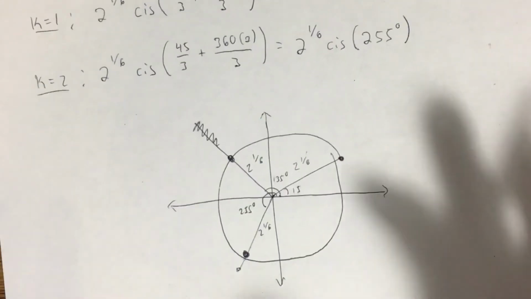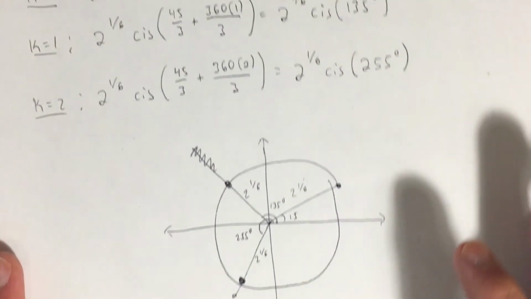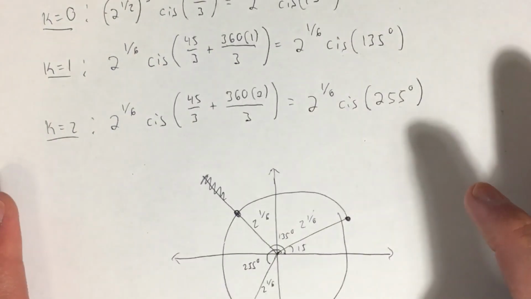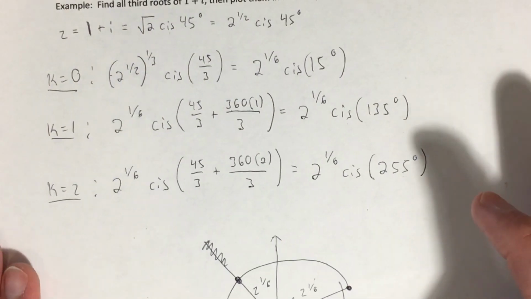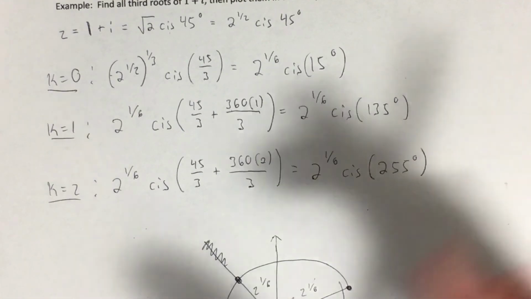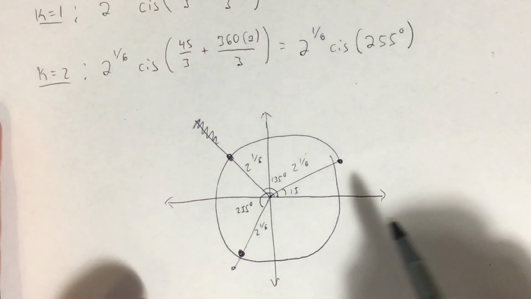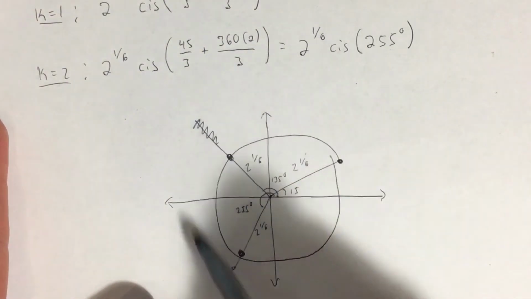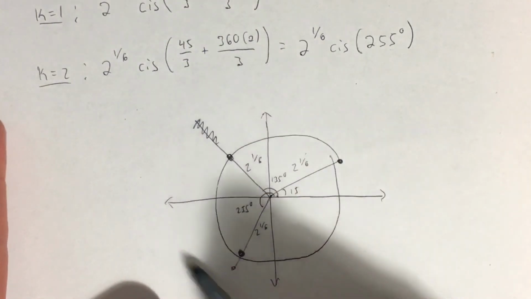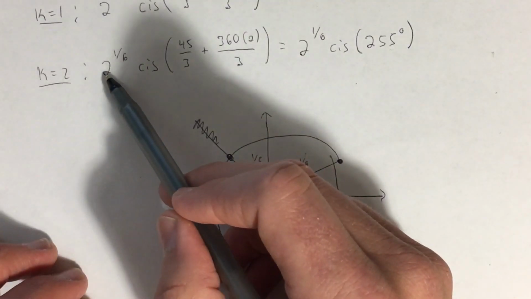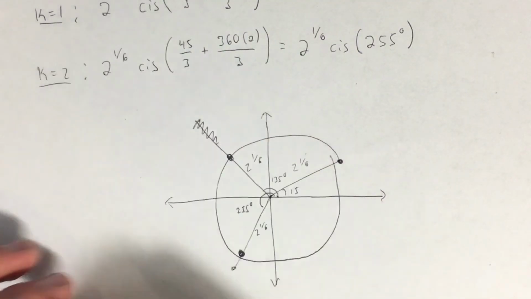My picture is awful, but hopefully it conveys this really interesting property of roots of a complex number. And this would be true even if I had done the 10th roots of this complex number 1 plus i. I'd end up with 10 of these, all equally spaced along a circle of radius whatever I would get from finding the absolute value of this.